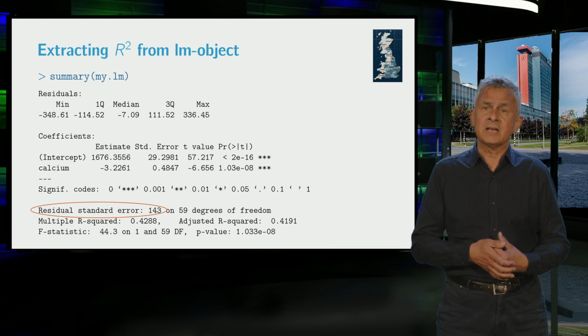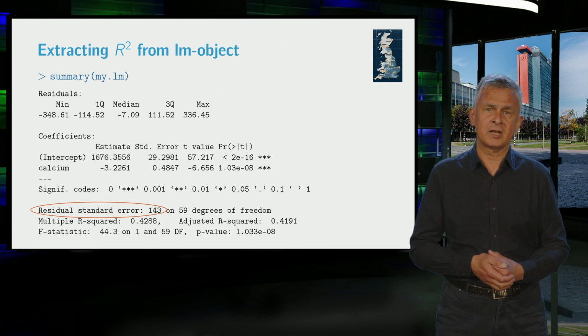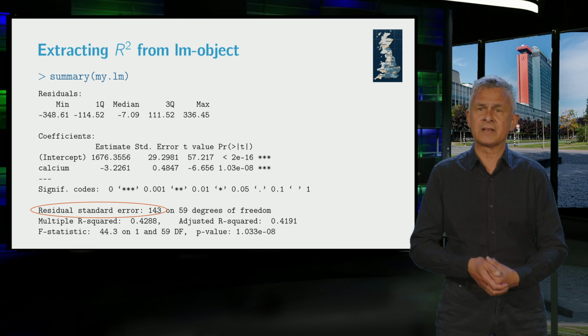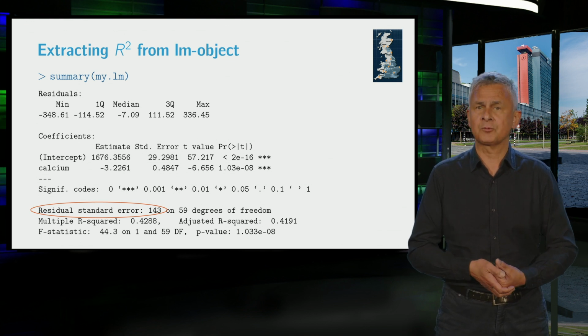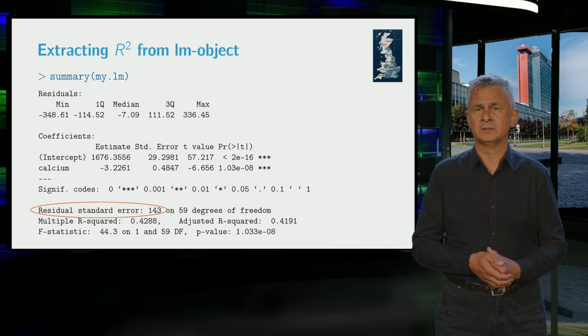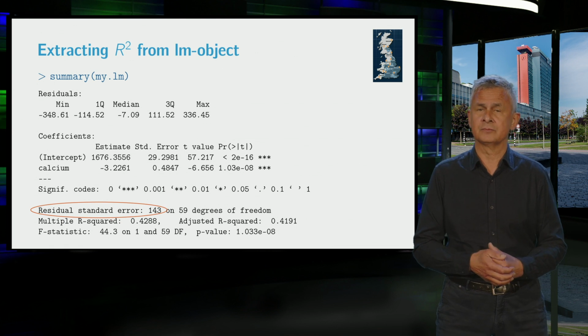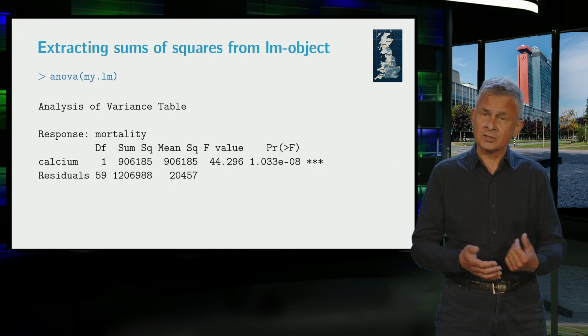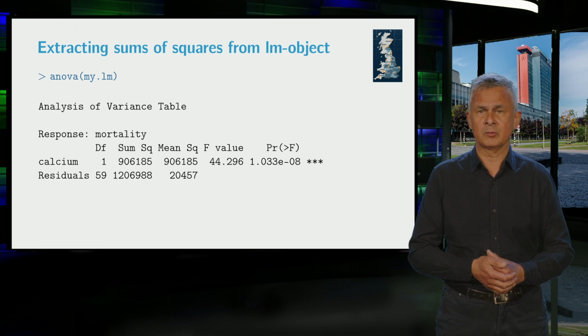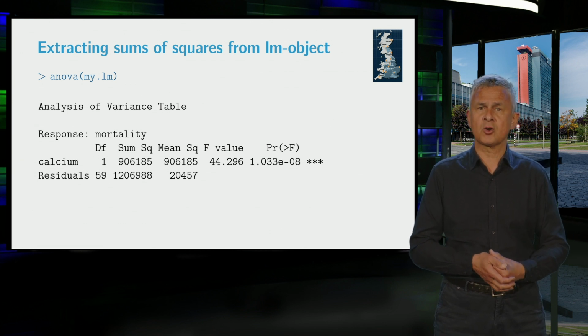Finally, the estimate for sigma can also be found in this table under the name residual standard error. It turns out to be 143. The least squares estimate for the variance of the measurement error is the square of this. But it can also be found in the ANOVA table. The first column of this table contains the so-called degrees of freedom.